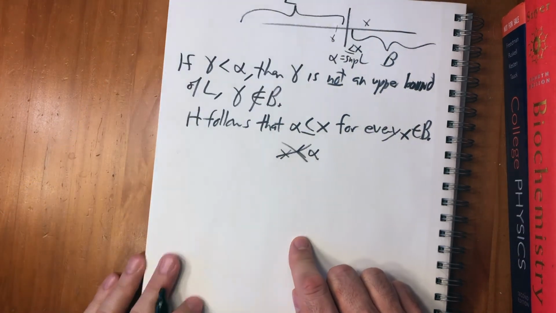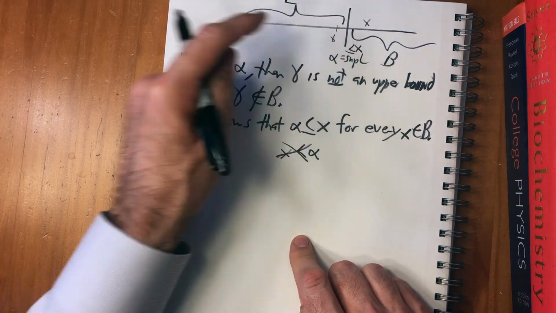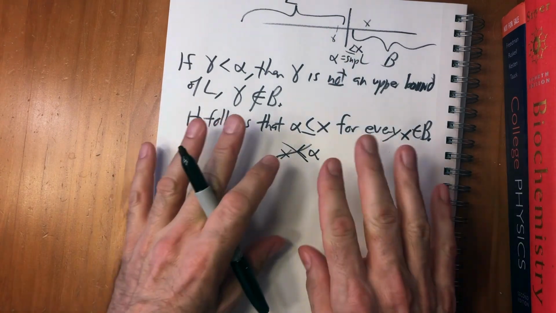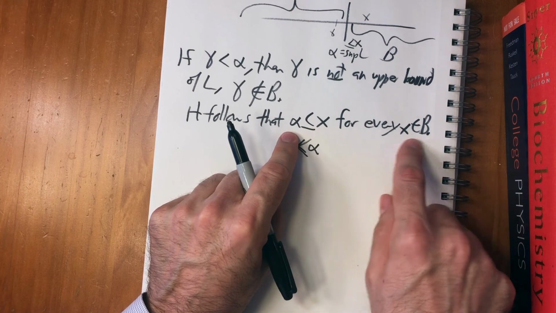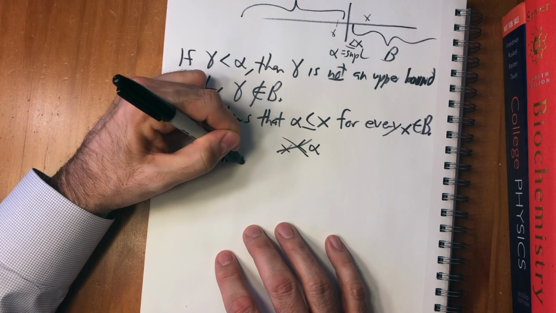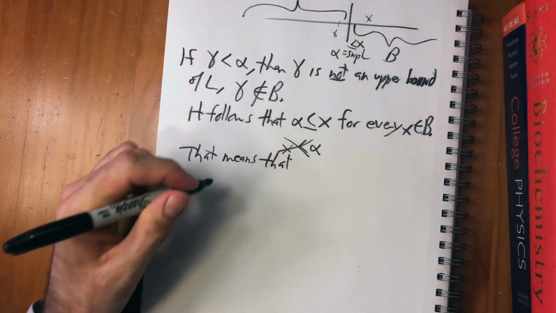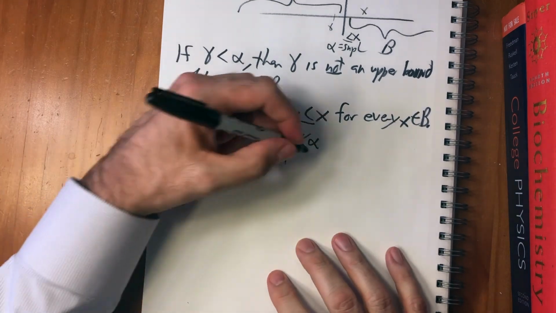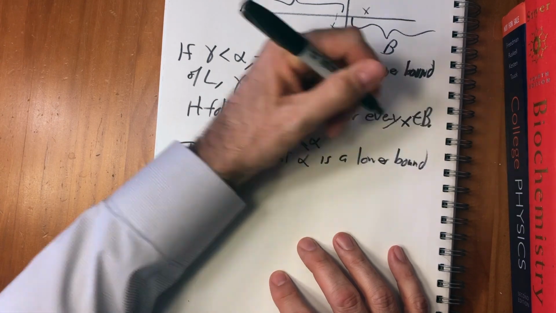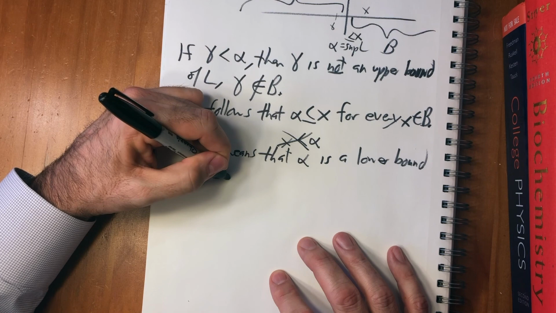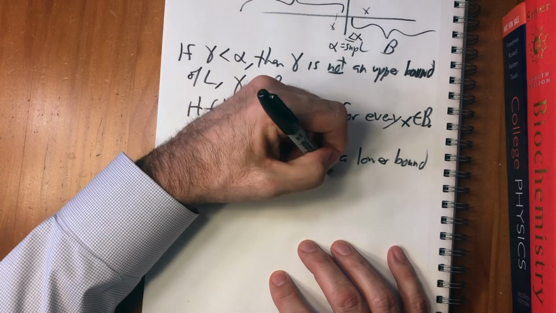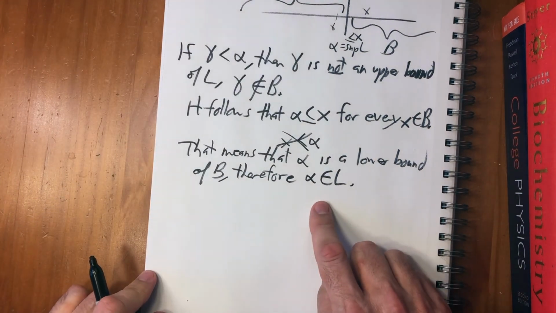Okay? It can't be that x is over here, because then x wouldn't be in B. So alpha must be less than all of them. So we just established that alpha is less than everything in B. That means that alpha is a lower bound of B, therefore alpha is in L, right?